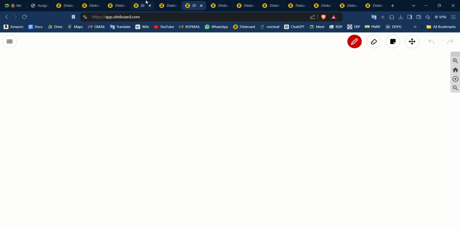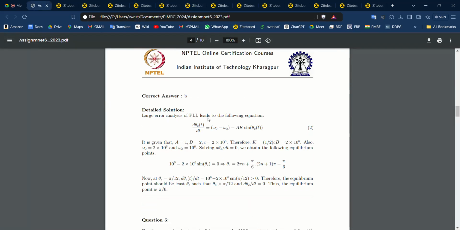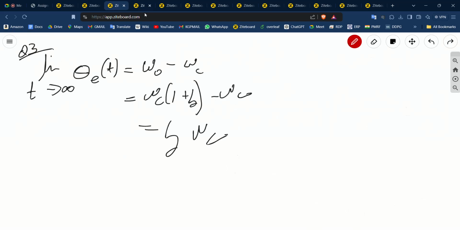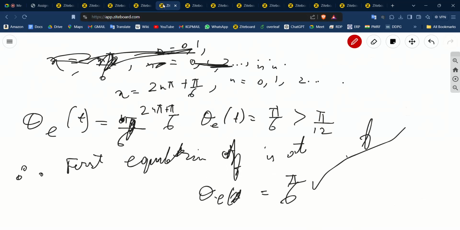Okay, so next, let's go to the next problem. The next problem is question number 5 for the same circuit. So we are still in the same problem. Assume the VCO constant to be 0.5, then the equilibrium value of the phase error is. So C is now 0.5.